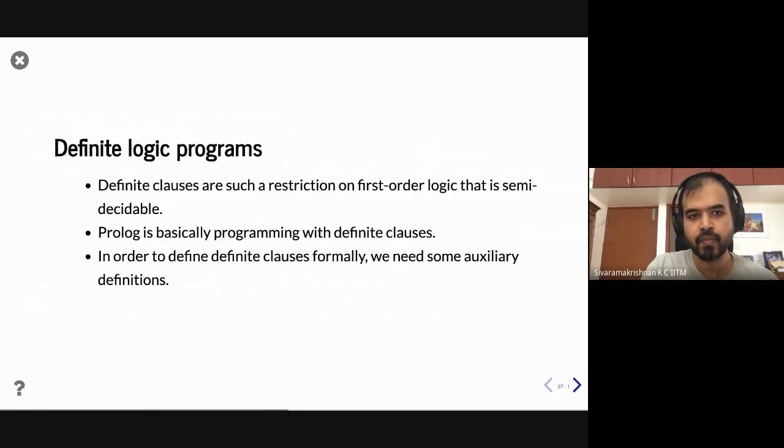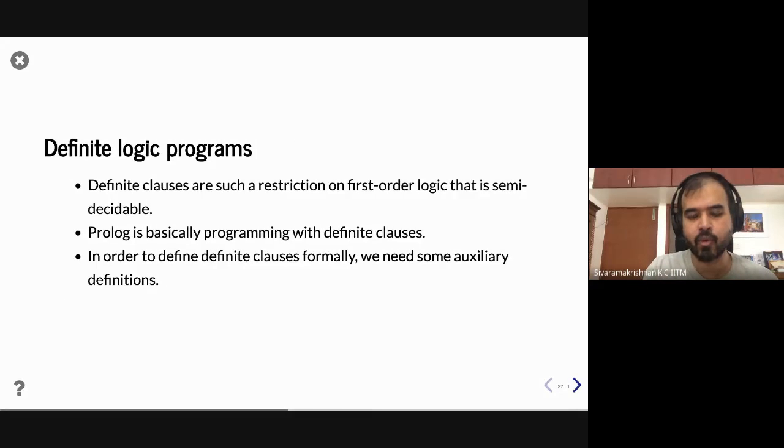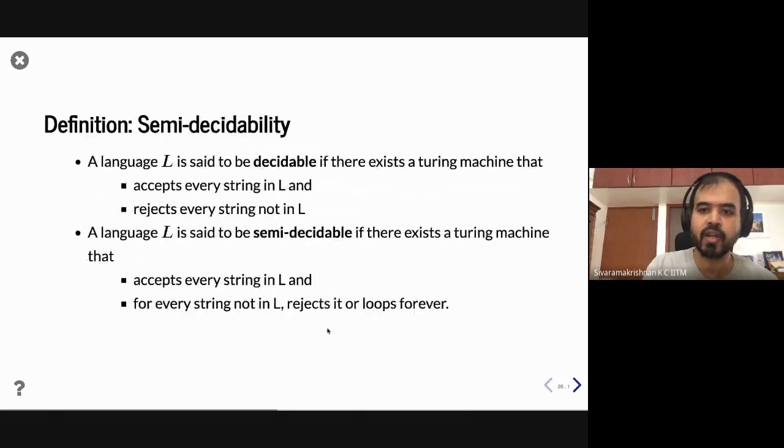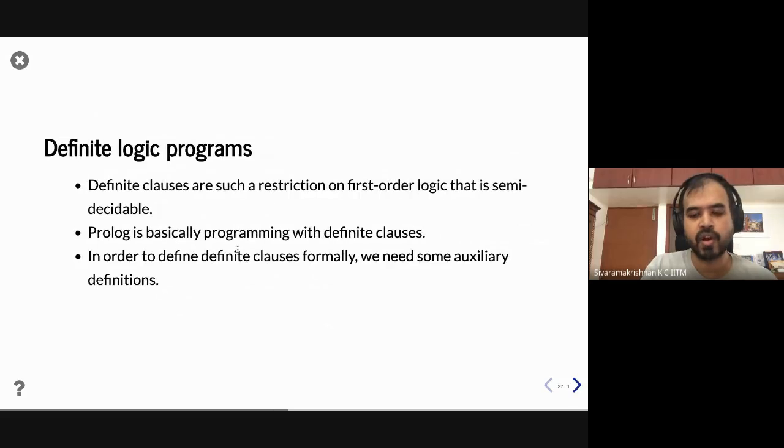And Prolog is a language and an interpreter which has this property of semi-decidability. Okay, so in order to look at Prolog, what we are going to do is to take first order logic and restrict it. And in particular, we are going to define this subset of first order logic called definite logic programs.